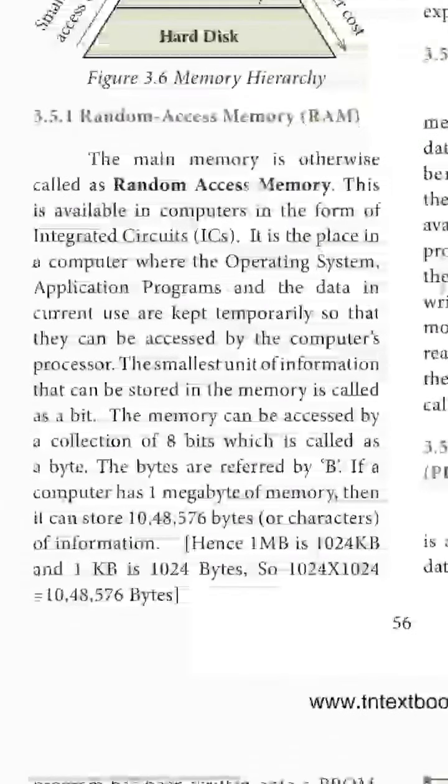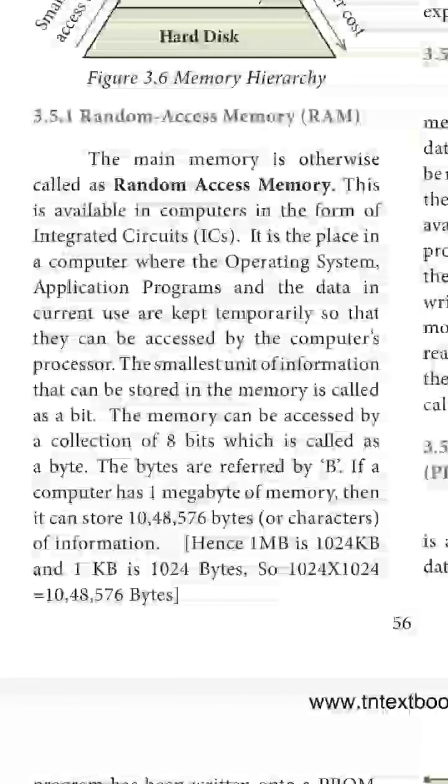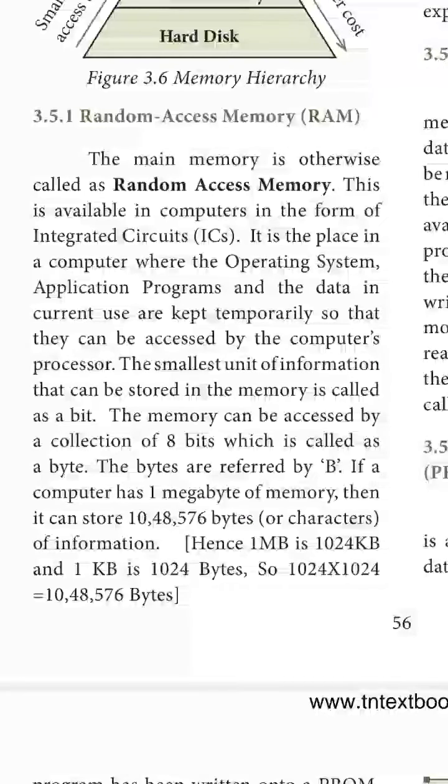First of all, we are going to see random access memory, RAM. The main memory is also known as random access memory. This is available in computers in the form of integrated circuits. It is where operating system, application software, and the data in current use are kept temporarily so that they can be accessed by the computer's processor.